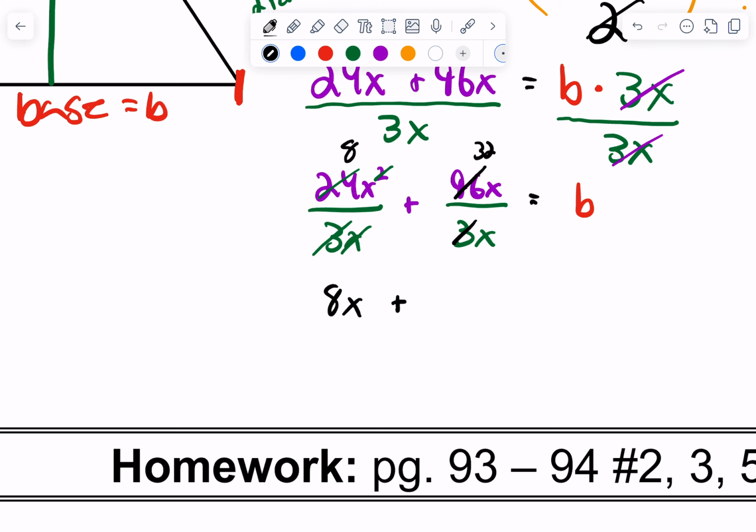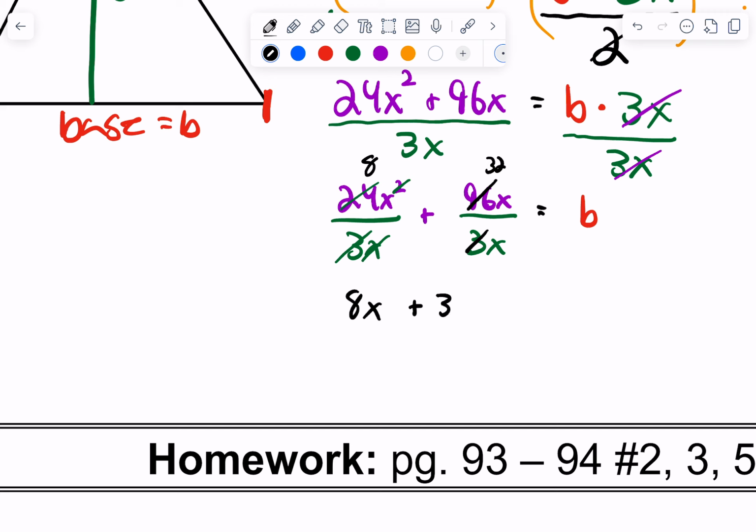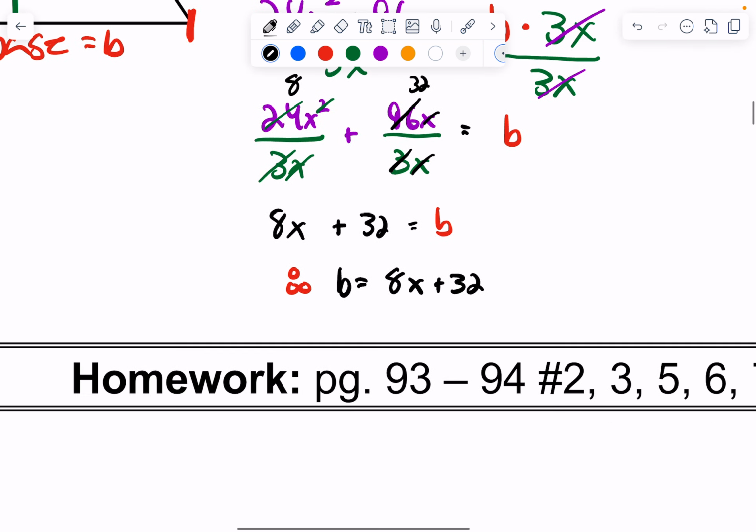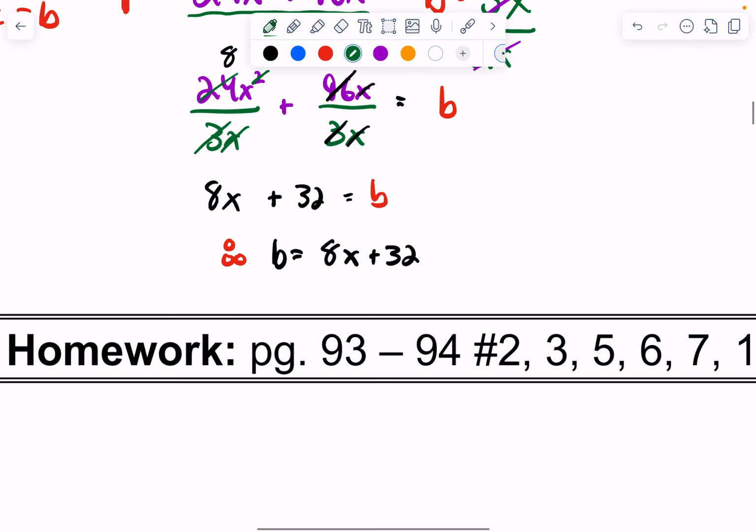And then both of these x's will cancel. And that is what's equal to B. There is your final answer. So therefore, B equals 8x plus 32. That is in standard form.